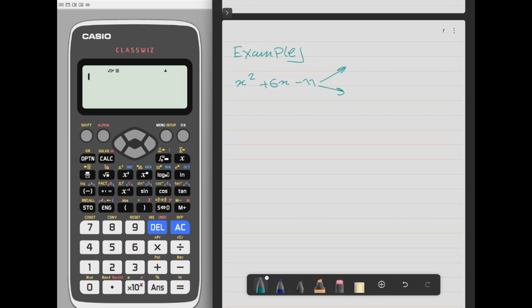So the thing is, guys, for completing the square, you always refer to the first two terms of the quadratic. So you just refer to this section, and all I have to do is with this section, x squared plus 6x.